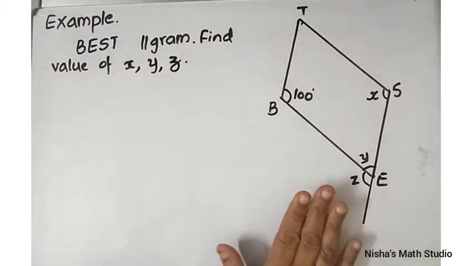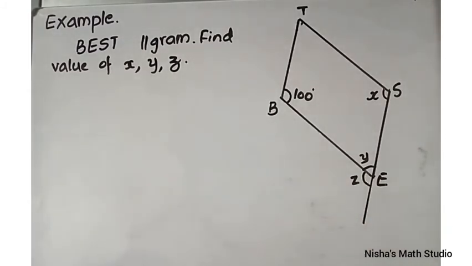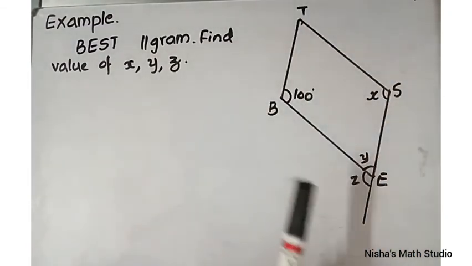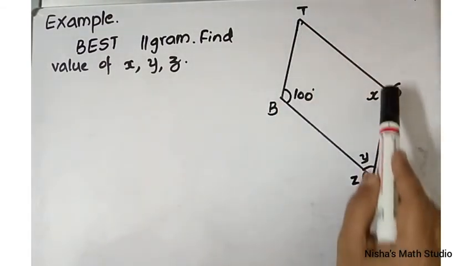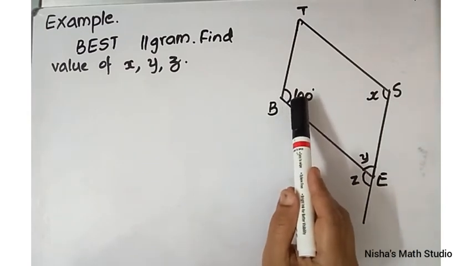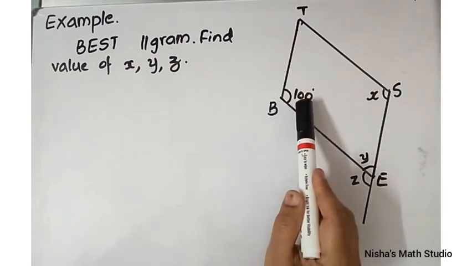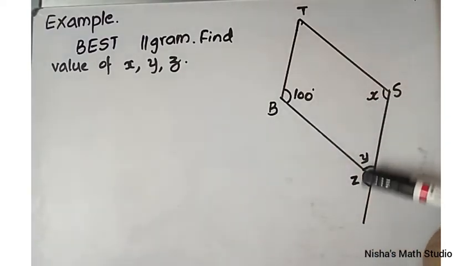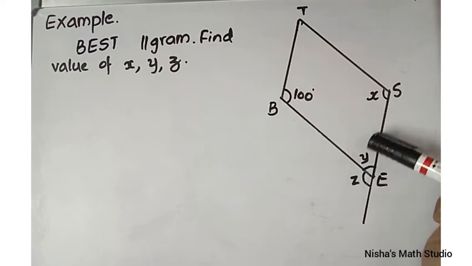Now, let's try to understand the question. BEST is a parallelogram. Out of the 4 interior angles, one angle is given, that is, angle B has been given as 100. You should find out X, Y and Z. Remember, Z is the exterior angle here, not the interior.